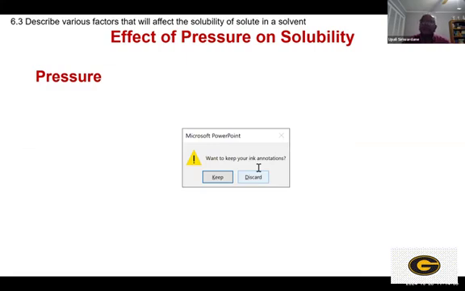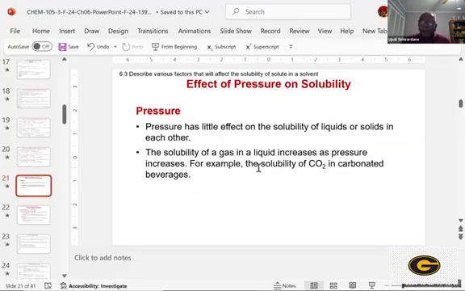Effect of pressure on the solubility. We looked generally at how intermolecular forces affect solubility. Now we are going to look at the pressure effects on solubility.